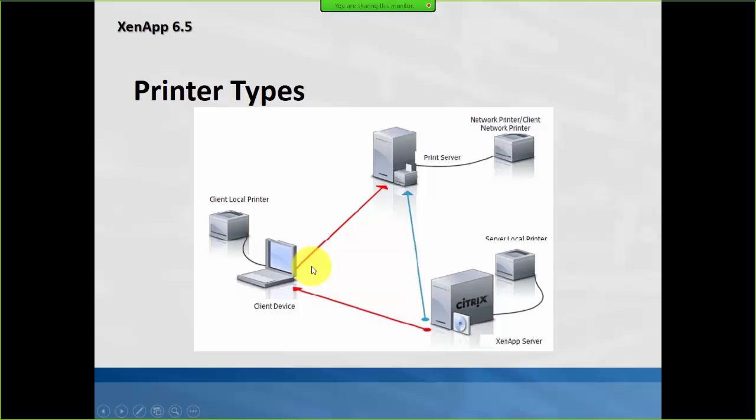But when we try to get them to show in our Citrix session, as the client connects to the XenApp server session, whatever local printers, maybe these three printers are defined for this client, wherever that person can send the print.